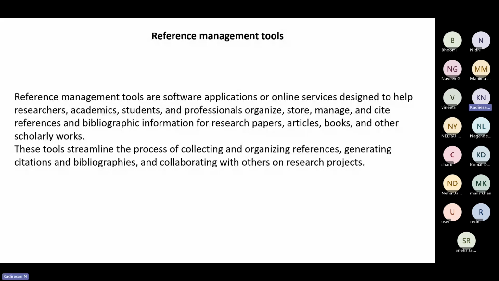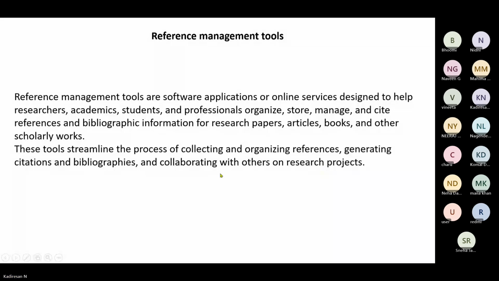Whatever the resource might be, research papers, articles, books, even websites, you can cite them. If you want to take any website, or any survey from a website, you can directly make the references. These tools streamline the process of collecting and organizing references, generating citations and bibliographies, and collaborating with others on research projects.